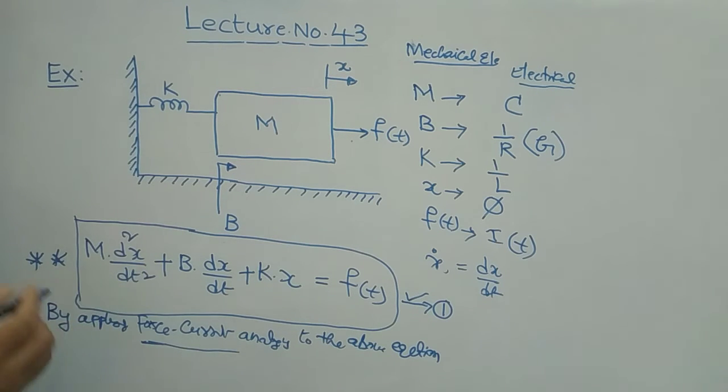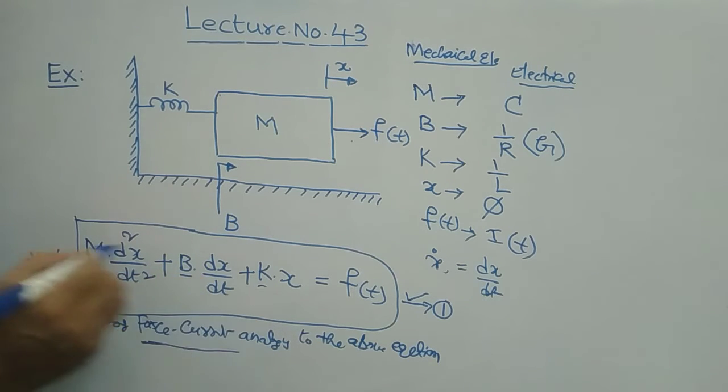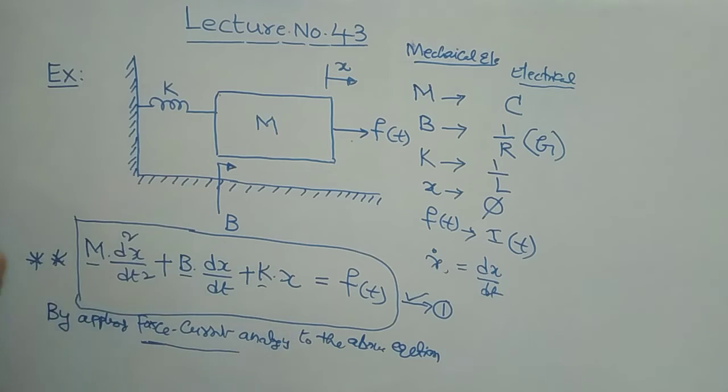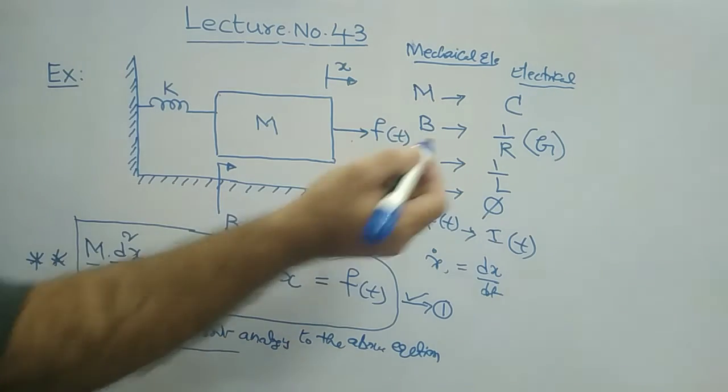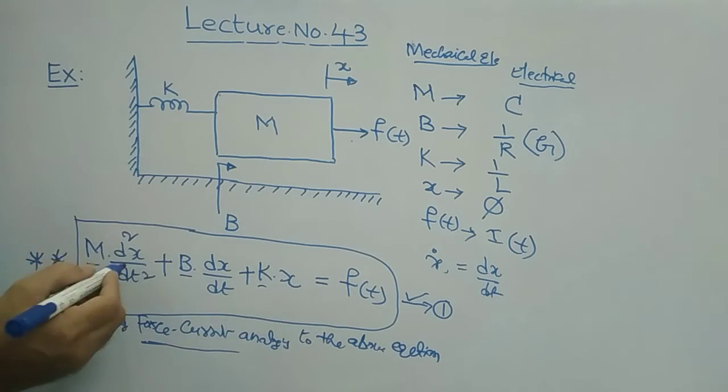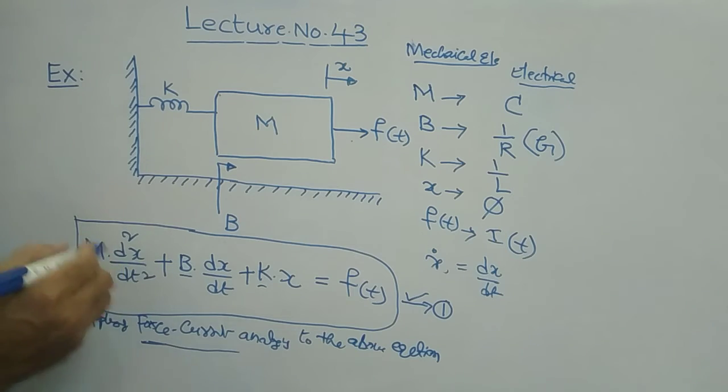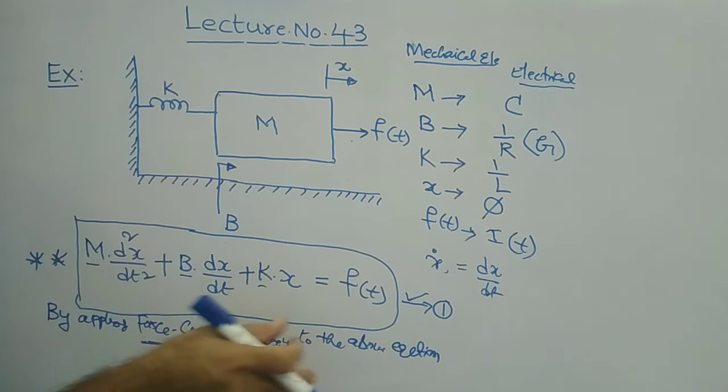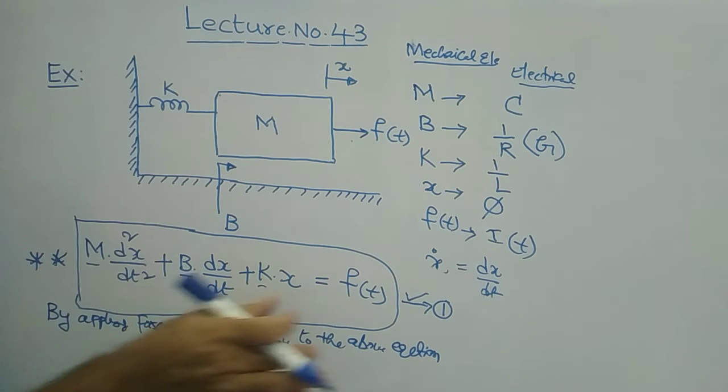It is nothing but simply you must write the mechanical elements, and all the mechanical elements will be converted to their equivalent electrical parameters. Correspondingly, d square x by dt square will also be represented by the corresponding electrical element, and then you will get another equation in terms of electrical elements.